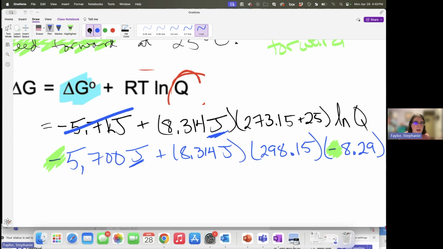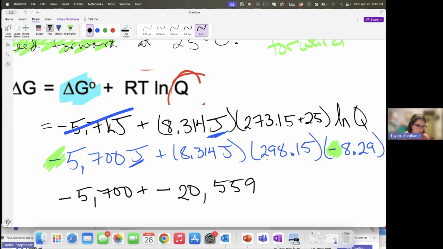Continuing with the math. Times 298.15 times 8.314. So negative 5,700 plus a negative 20,500.